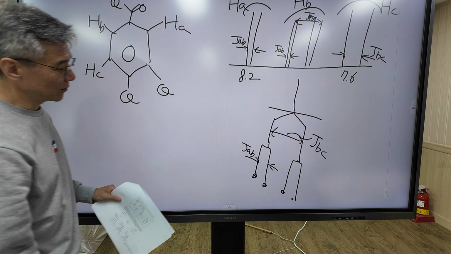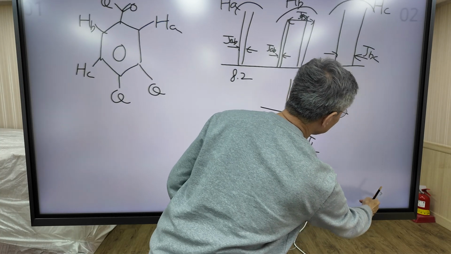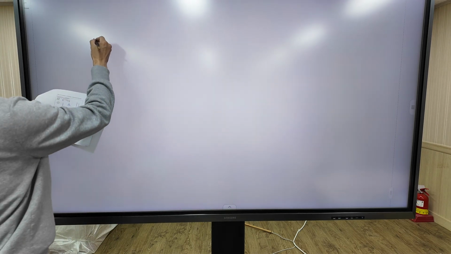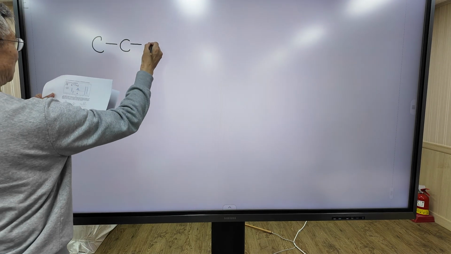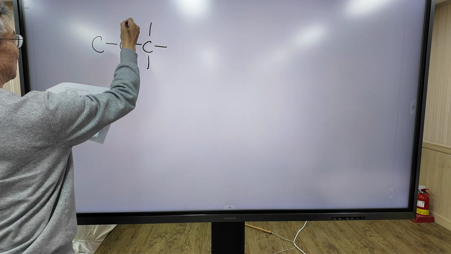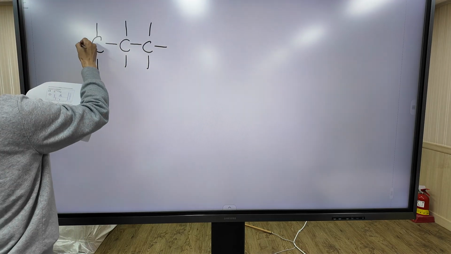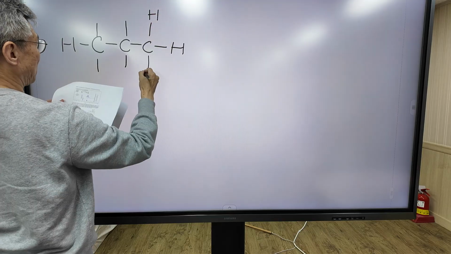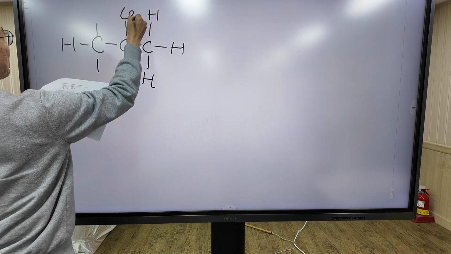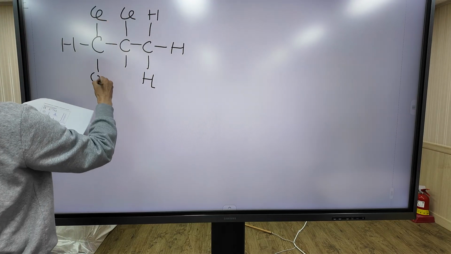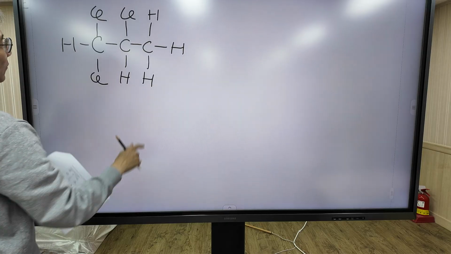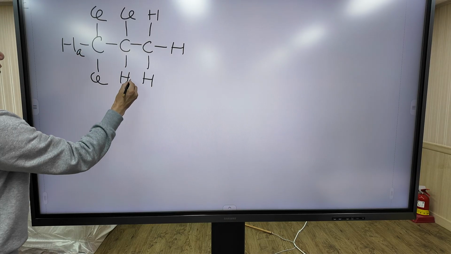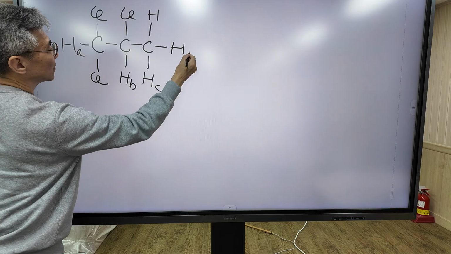Okay, let's move on to another molecule. Our second molecule looks like this. In this molecule, we have three kinds of protons: HA, HB, HC.